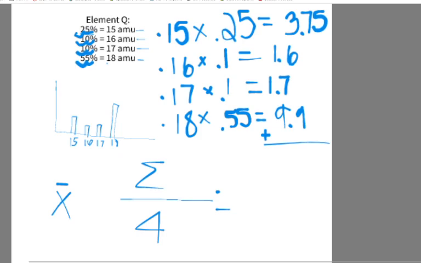Yep, 16.95. But then you want to divide it by 4 to find our average. That will tell you what we would see on the periodic table for their mass number, and you should have gotten 4.23.